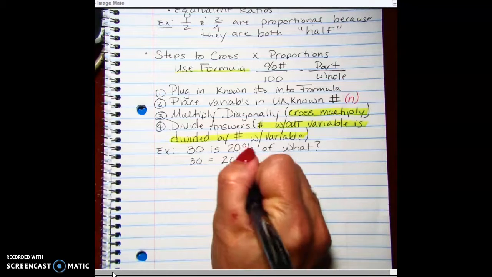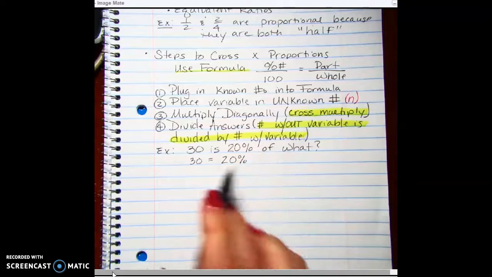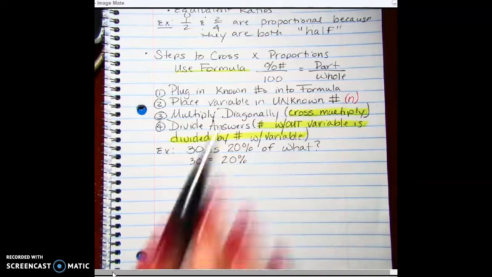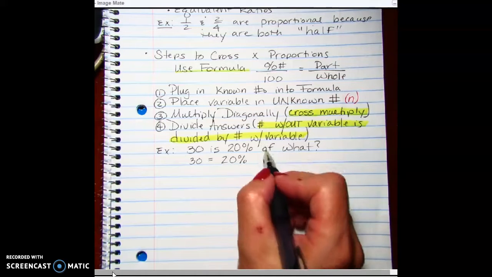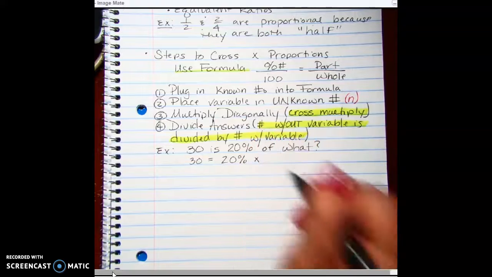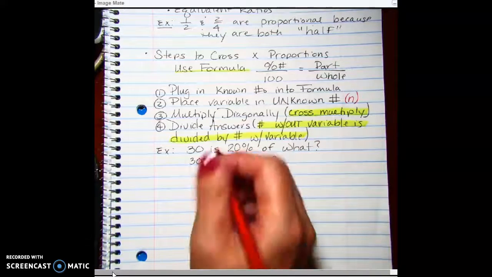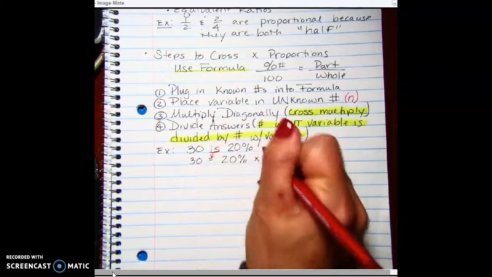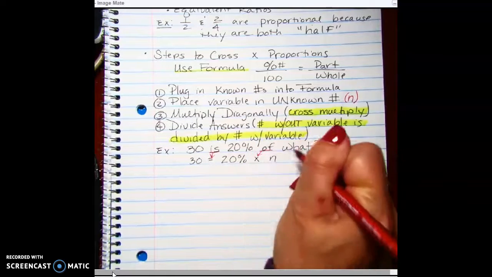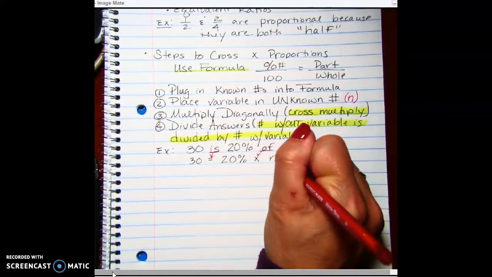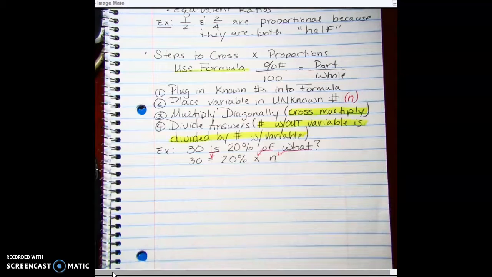I'll leave my percent as 20% because I'm going to be converting this into my formula later. "Of" means to multiply, and what was our variable? If you look at yesterday's notes, you will see all of that there.